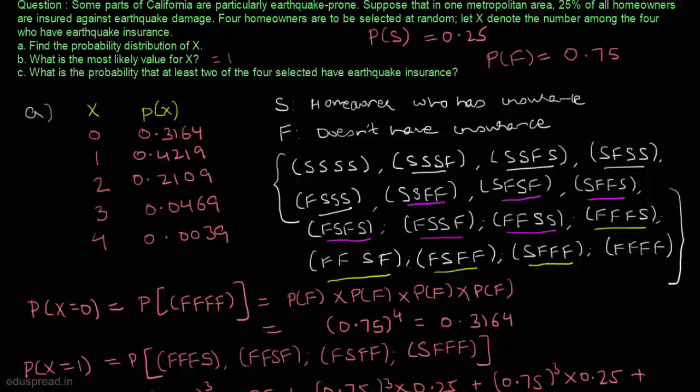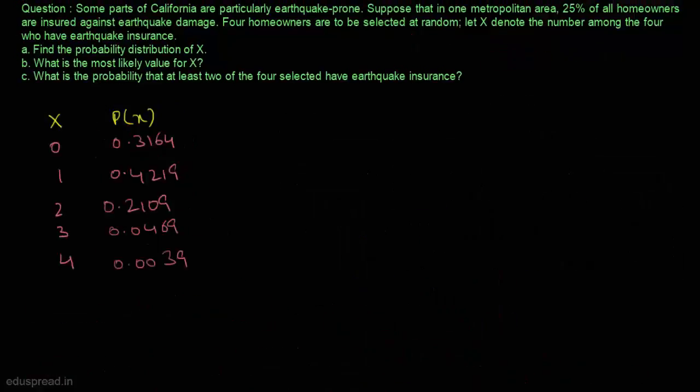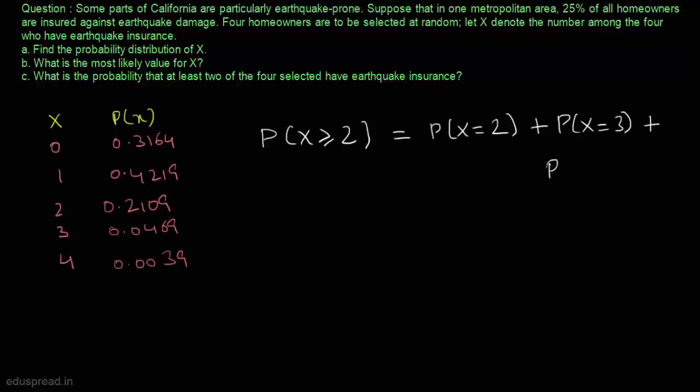So now let's move to part C. In part C, we have to calculate the probability that at least 2 of the 4 selected have earthquake insurance. That means we have to calculate the probability that X is greater than or equal to 2. We can calculate this probability by adding the probability that X is equal to 2, plus the probability that X is equal to 3, plus the probability that X is equal to 4.